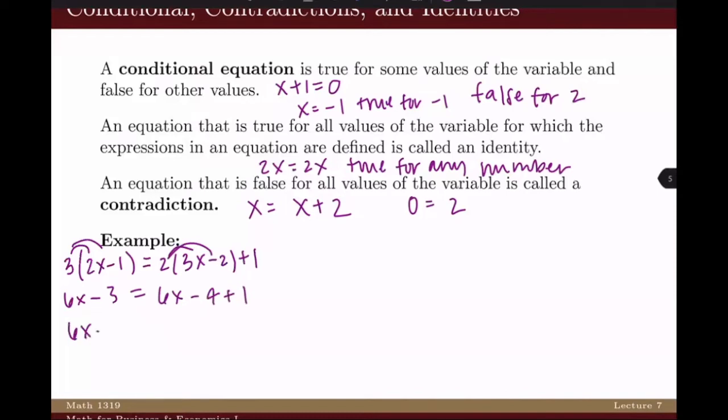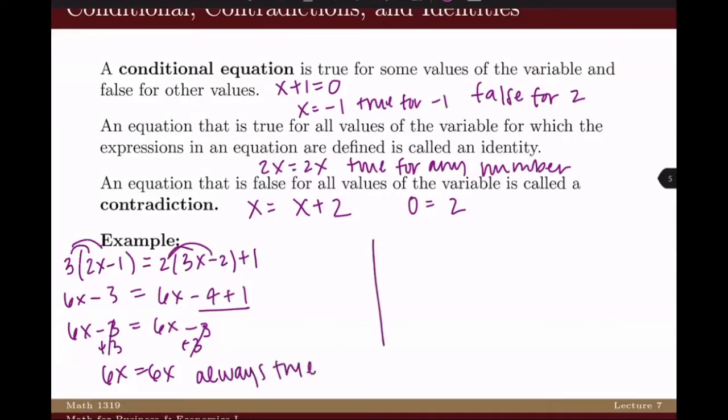So 6x minus 3 equals 6x, and then negative 4 plus 1 is negative 3. If you wanted to add the 3's to both sides, you can see that we'll get 6x equals 6x, which is always true. So this would be an identity. The solution set for identities is all real numbers, which is the big double R.